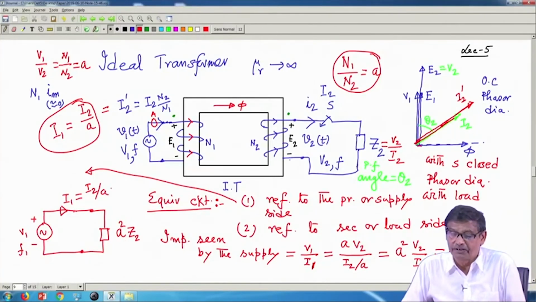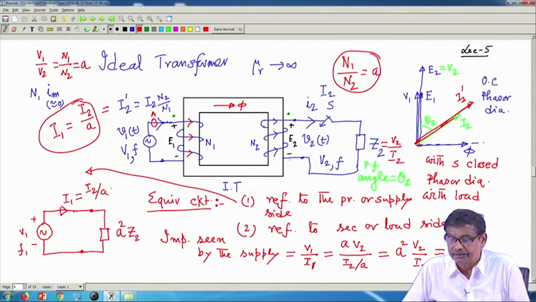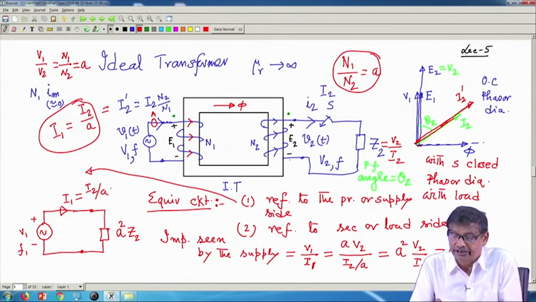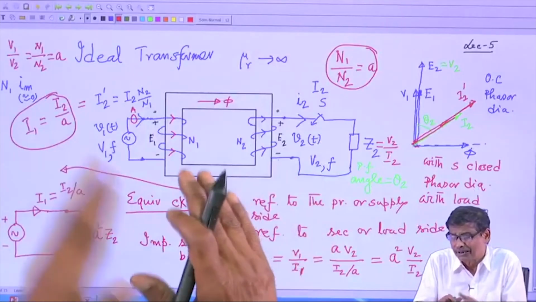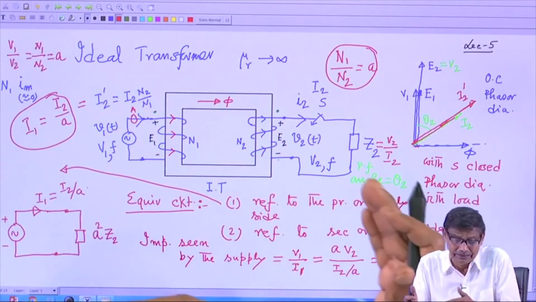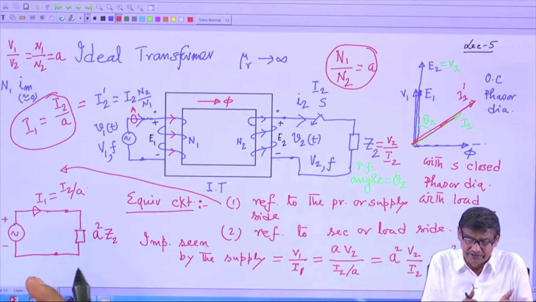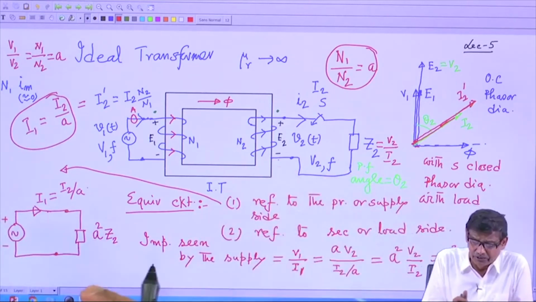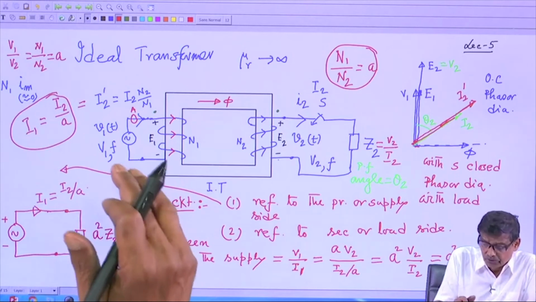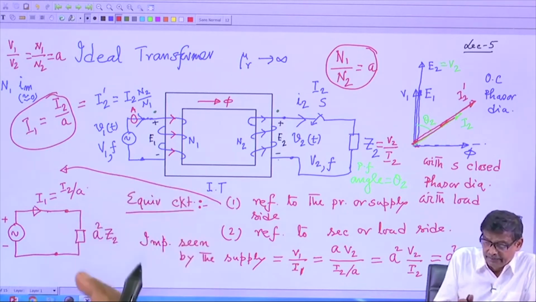So, this is called the equivalent circuit of the ideal transformer. Your actual circuit is this, but to simplify matters, to find out the currents in the circuit, you draw the equivalent circuit referred to the source side, the primary side.